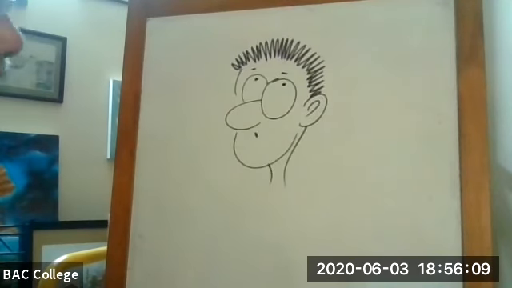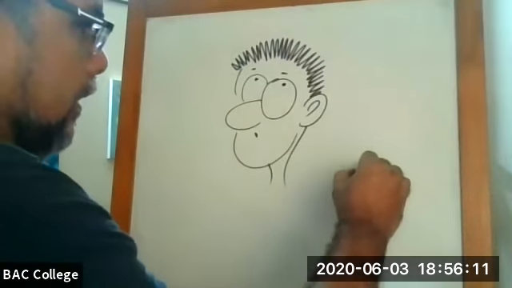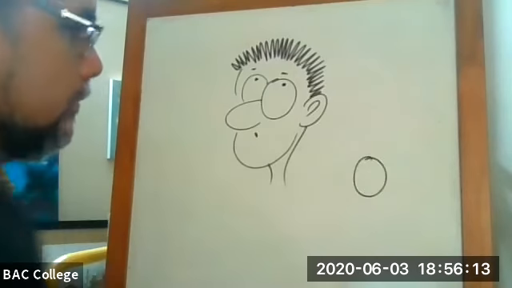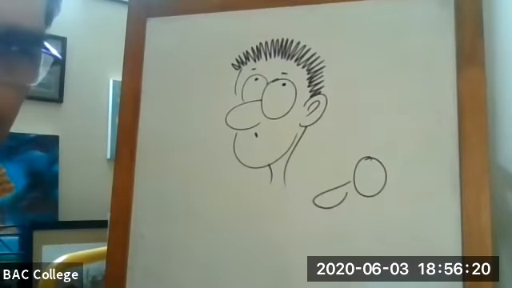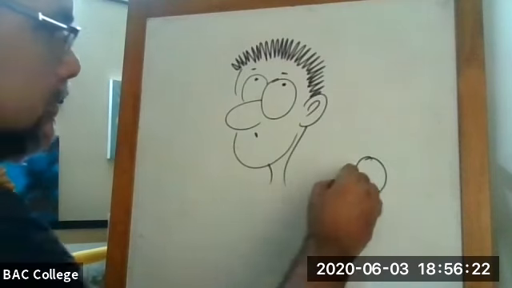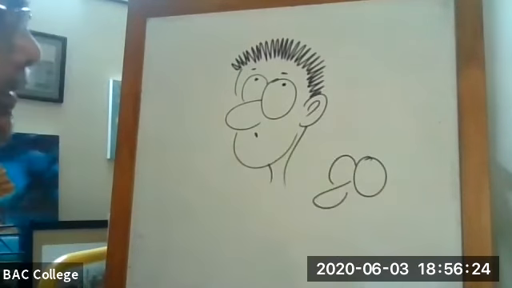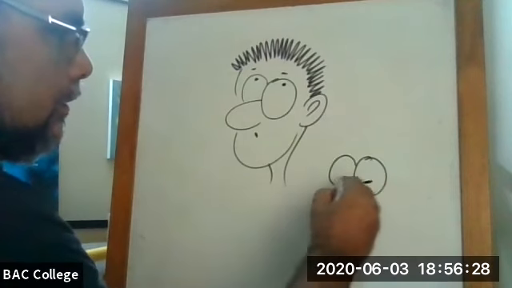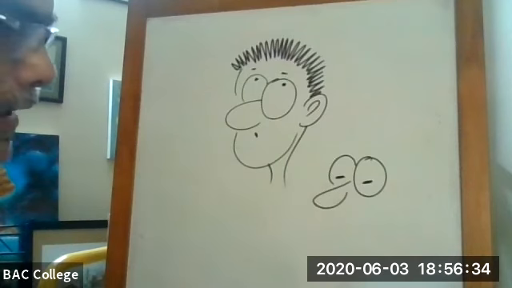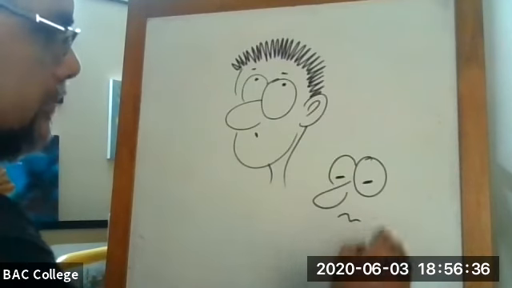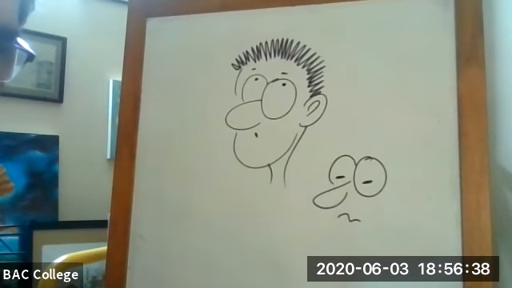Okay, let's get another one. Okay, oval, and then a different kind of a nose, another oval on the other side. You get a nice one like this. It doesn't always have to be round. You can always be looking like this because he is a bit confused.